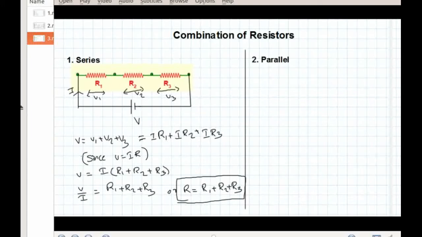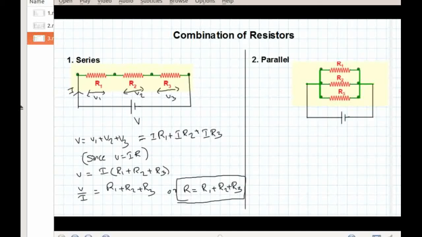Now we have one more mode of connection, or one more mode of combination, which is the parallel connection. So how this parallel connection is made? So this is how we are making a parallel connection. So this is the parallel mode of connection. Here you can see R1, R2, R3 are in parallel mode of connection.